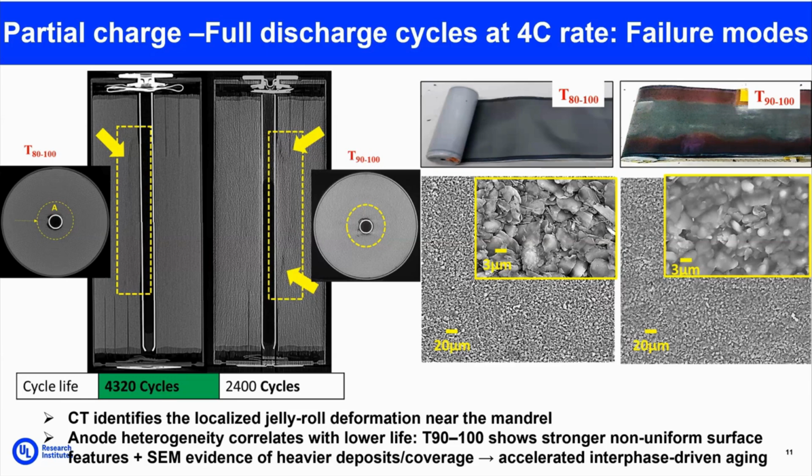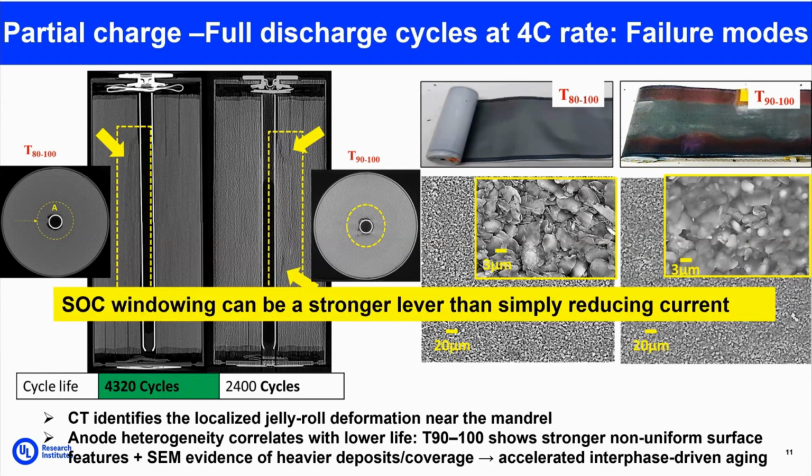Similarly, we observed delamination in the jelly roll. It behaves similarly to the 100 SOC, 90 DOD combination, but the cycle life was a little improved, with almost similar aging mechanisms.